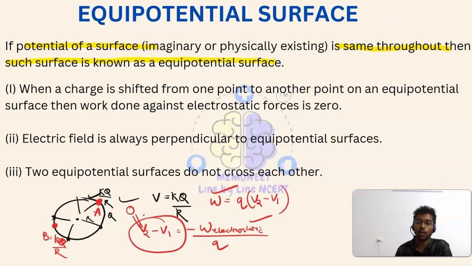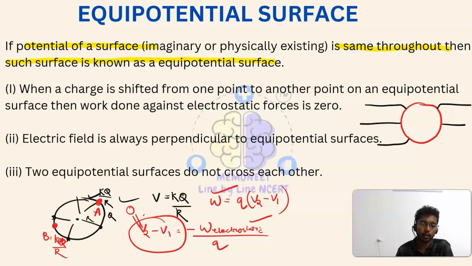The electric field is always perpendicular to the equipotential surface. Let's say we have a surface here, and the electric field will always be perpendicular, like this. These are the electric field lines, and they are always perpendicular.